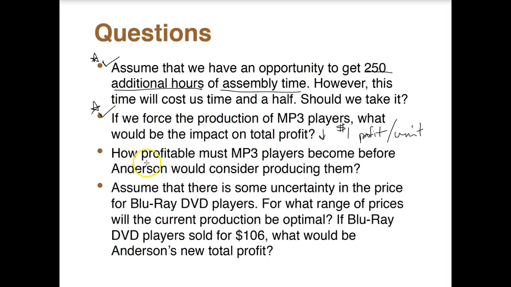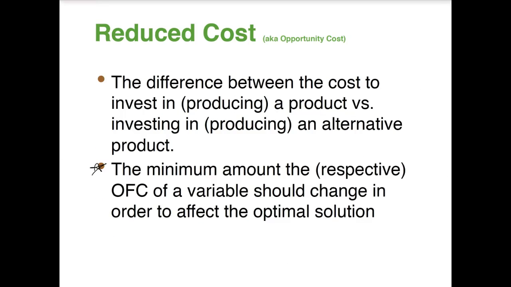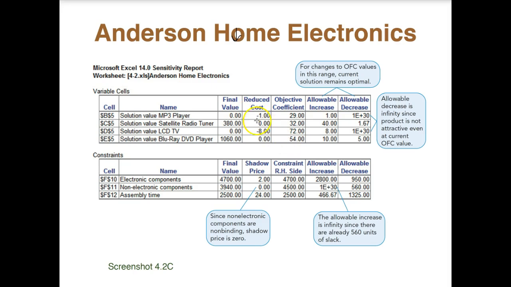Question number 7 says, how profitable must MP3 players become before Anderson would consider producing them? So of course, we can also go back to our sensitivity report. And again, our reduced cost is telling us that we would have to, at the very least, get the profits up $1 more for us to consider producing this. So of course, if we add 1 to 29, that's going to be 30.